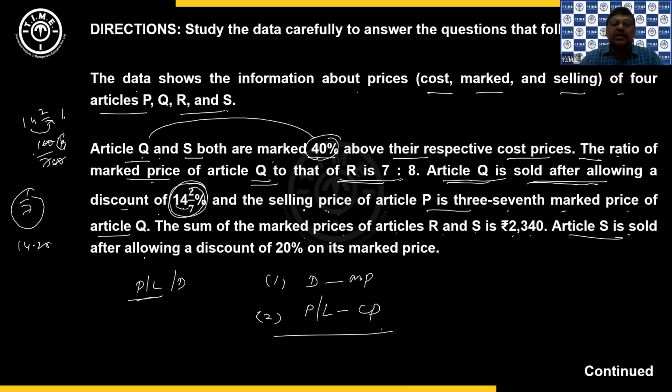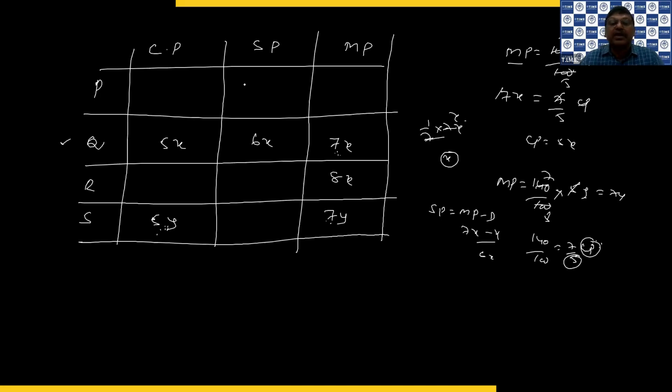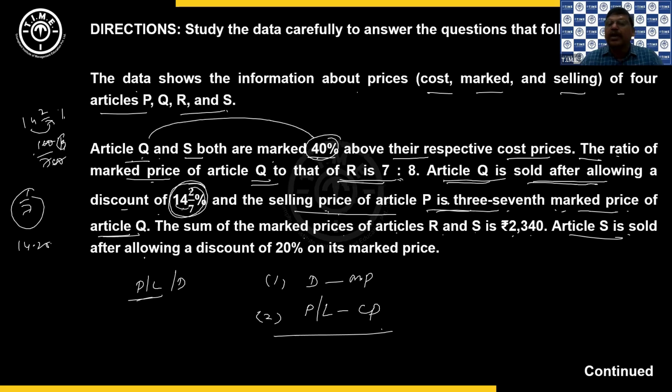Next, students, the selling price of article P is 3/7 of the market price of Q. I repeat, selling price of P is 3/7 of market price of Q, means Q's market price is 7x, so 3/7 of 7x will be 3x. This is the selling price of P. Okay, next.